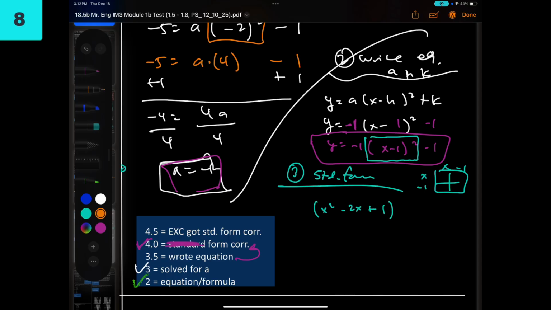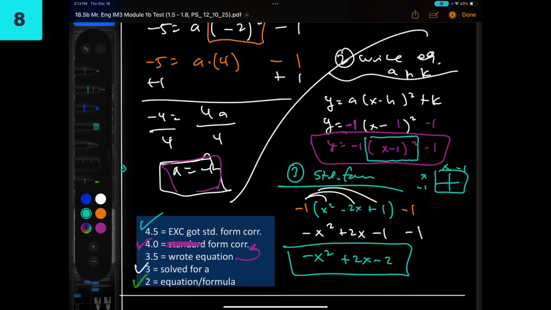And then you still have the minus 1, minus 1. So here I'm going to distribute first. And then combine like terms here. So you should have this as your answer for standard form. That's how you got the 4 points.